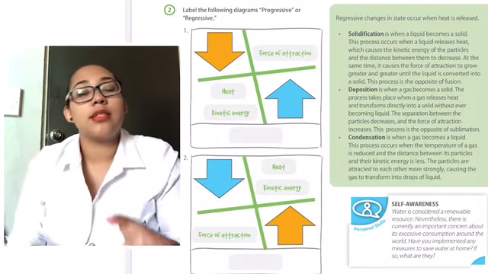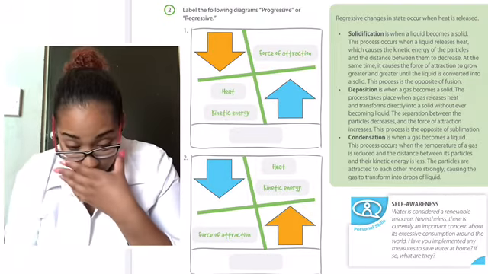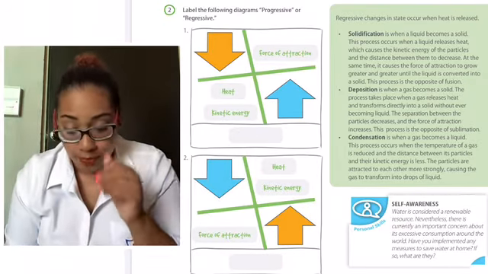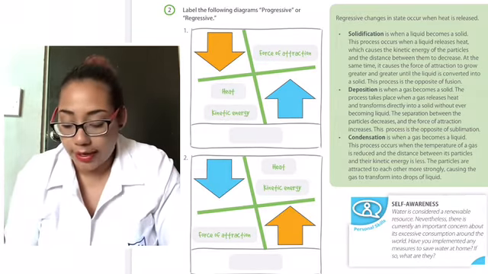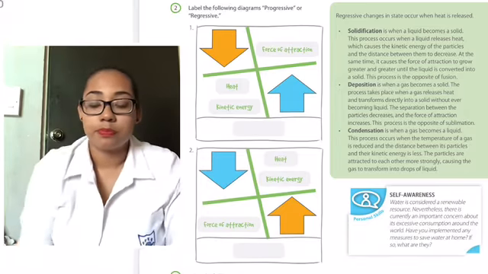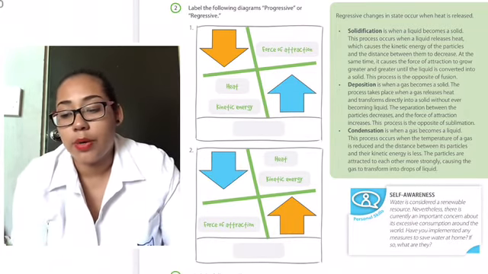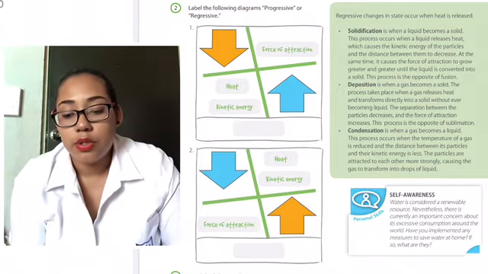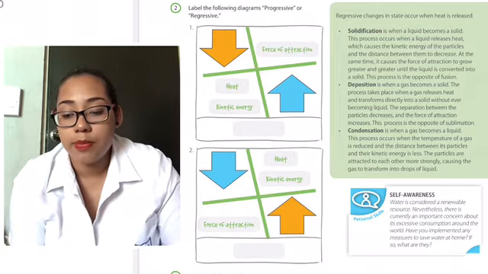So now let's continue on the other page, page 103. On that page, you have to read the green information that is located on your right hand. It says, regressive changes in state occur when heat is released. Solidification is when a liquid becomes a solid.